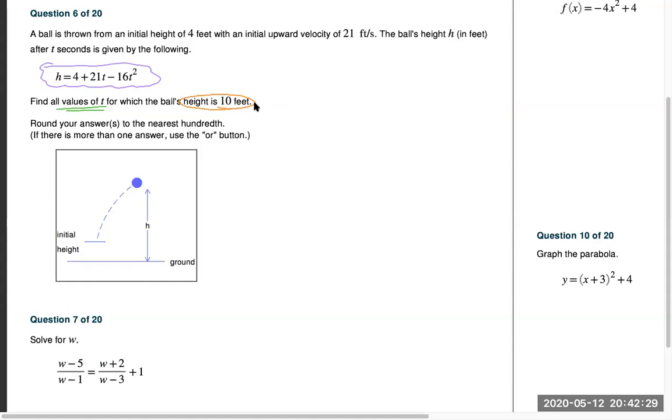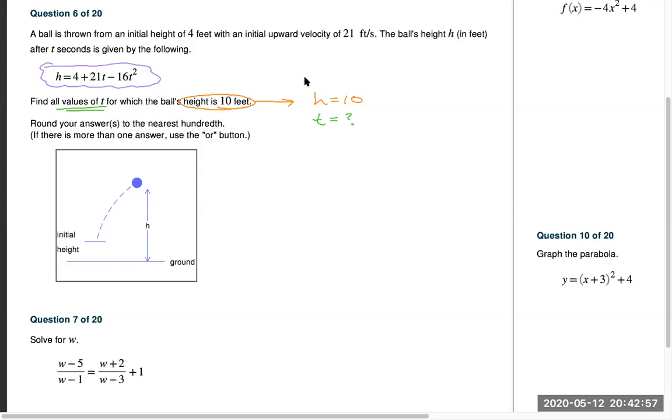Okay, so already from this part here, that means h is 10. And we don't know what t is going to be. For a quadratic equation like this, we can either get 0 real solutions, 1 real solution, or 2 real solutions, which would be the only ones we're concerned about for an application problem.